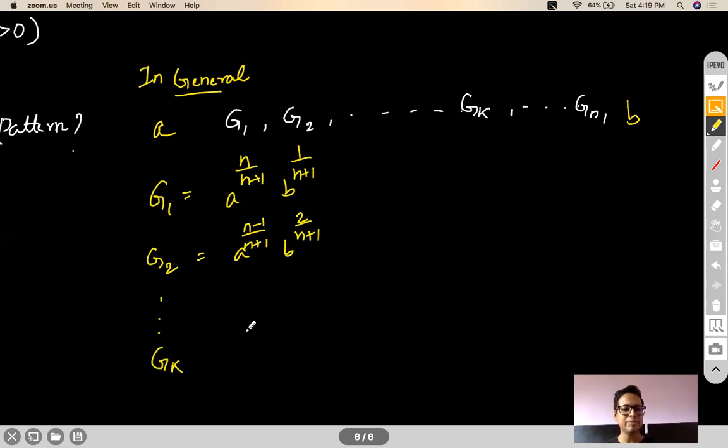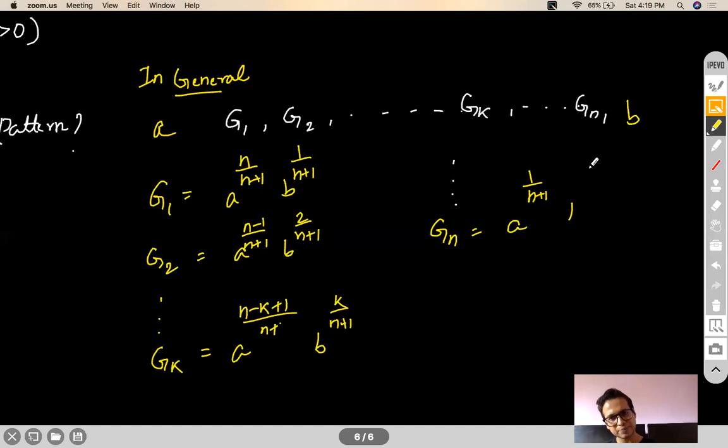Gk will be A to the power n minus k plus 1 by n plus 1, B to the power k by n plus 1. And finally your Gn will be A to the power 1 by n plus 1 and B to the power n by n plus 1.